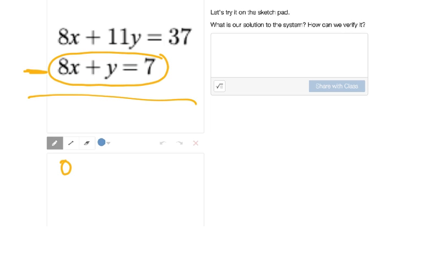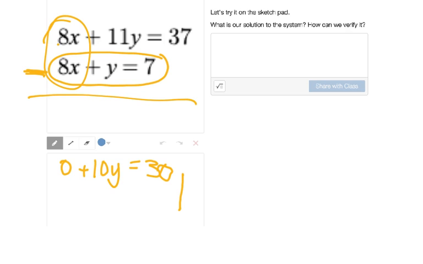And if I have 11y and I take 1y away, remember we're subtracting, what am I left with? I am left with 10y. And what happens when I have 37 and I take 7 away? Remember, we're subtracting. I would get 30. Look at that. So I eliminated this x. Very cool.